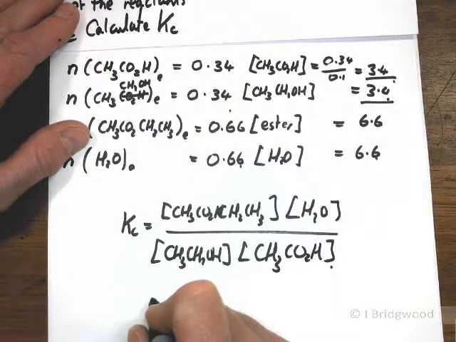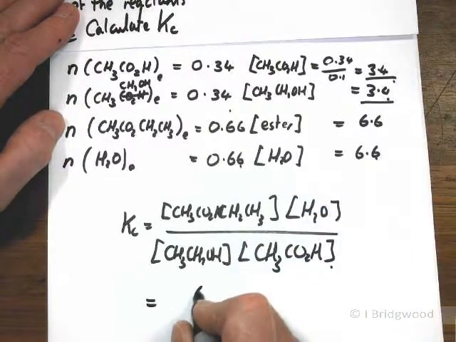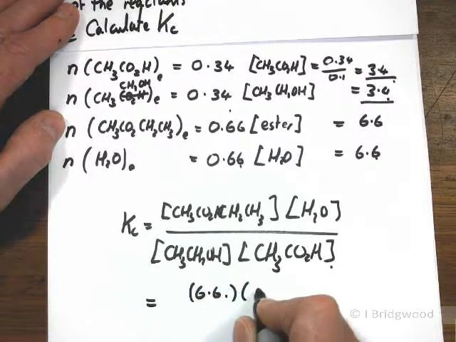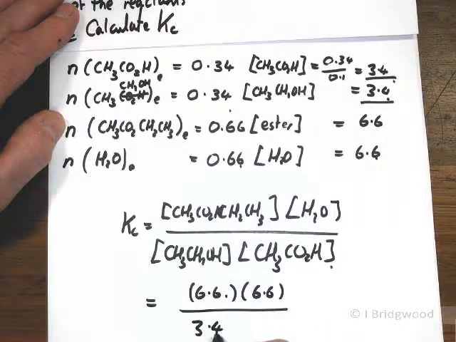And we just put our values in. Concentration of our ethyl ethanoate, 6.6 times 6.6 divided by 3.4 times 3.4.